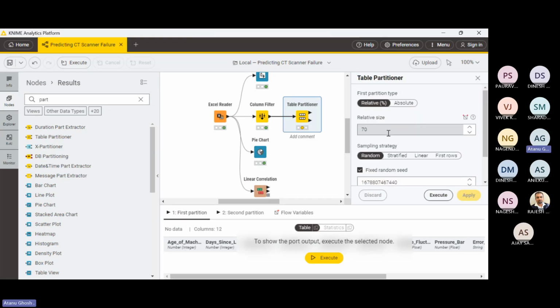So when you say relative size, he's saying 70% of the data will be one data set, which we will be using for training. Usually the larger sample we use for training and the smaller sample we use for testing. So 70% data we'll use for training, remaining 30% we'll use for testing.